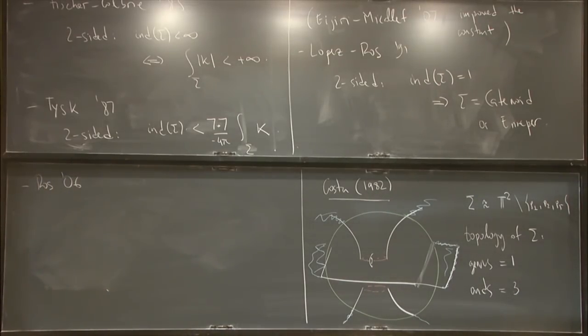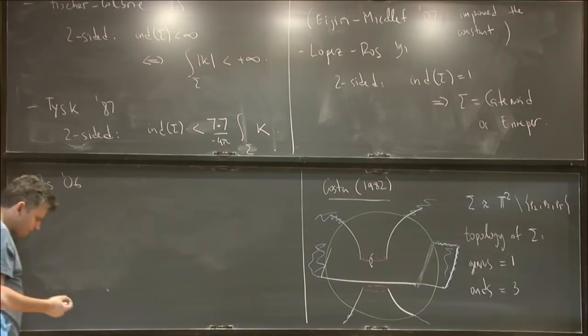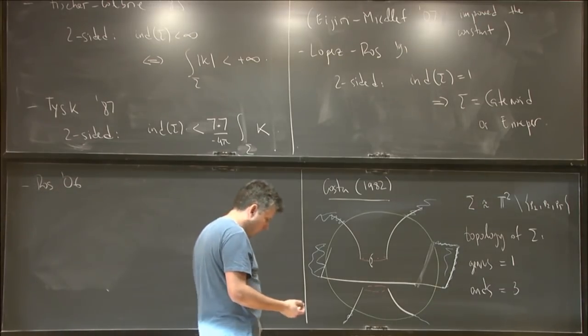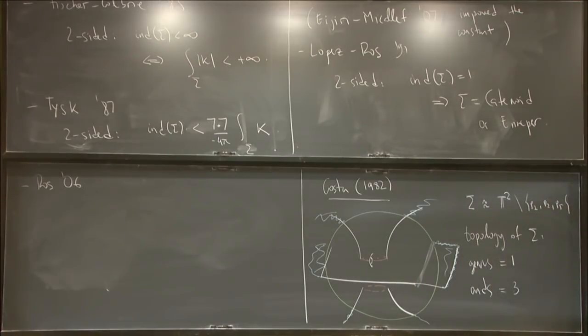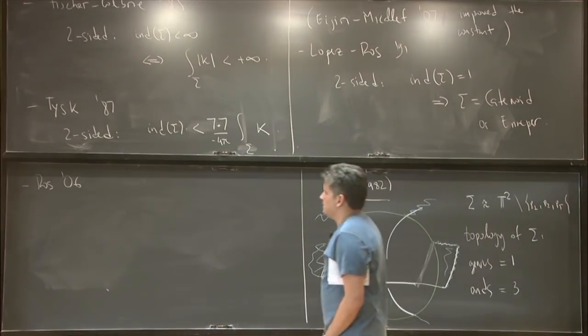So what did Ros prove? He was trying to classify one-sided stable minimal surfaces, show that they do not exist, and understand that problem.